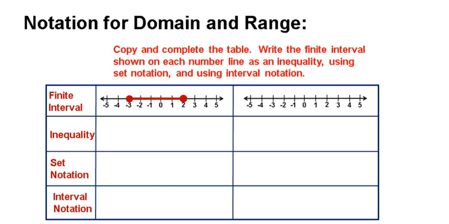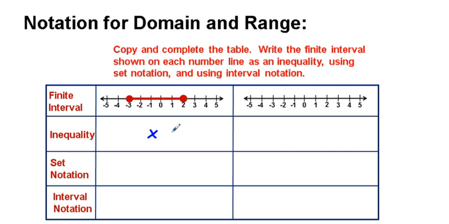Okay, now some exercises. Copy and complete the table. Write the finite interval shown on each number line as an inequality, using set notation and using interval notation. I'm just going to go through these. We have a finite interval here on a number line. We write this in inequality notation. So that's going to be x.